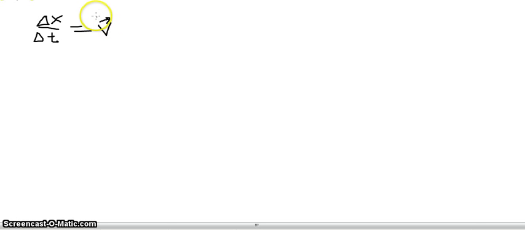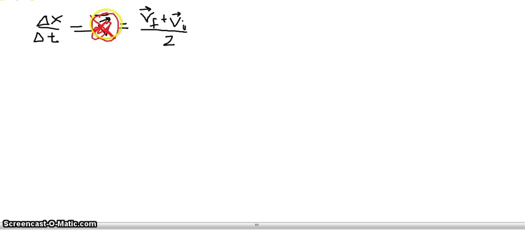Remember, we put a bar on top for average velocity, equals, okay, this is just like you average your grades, final velocity plus initial velocity over 2. Now, if you look, these are both equal to your average velocity.